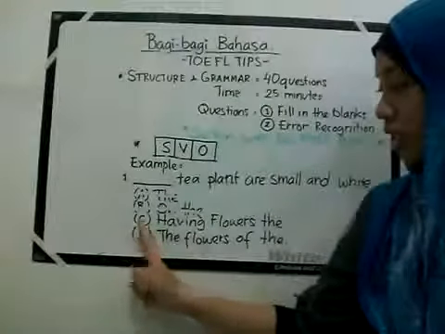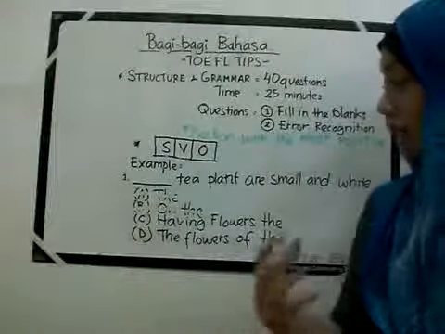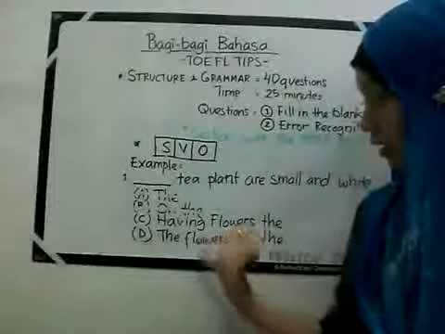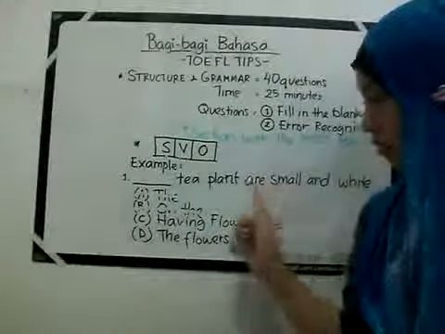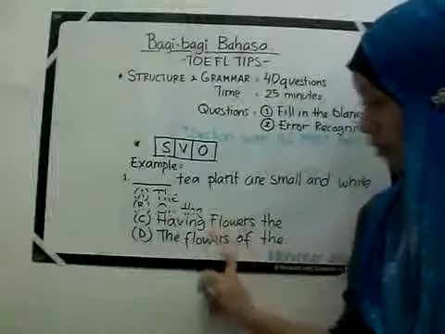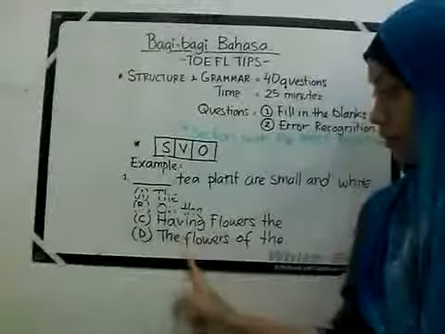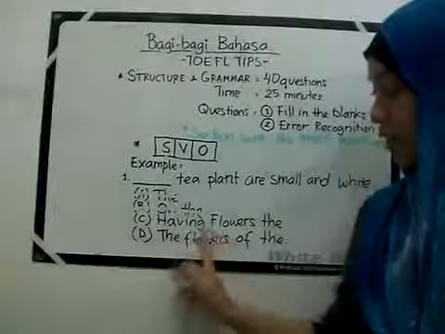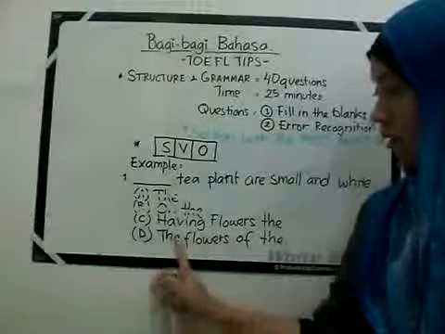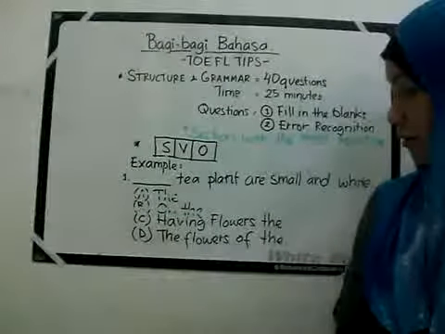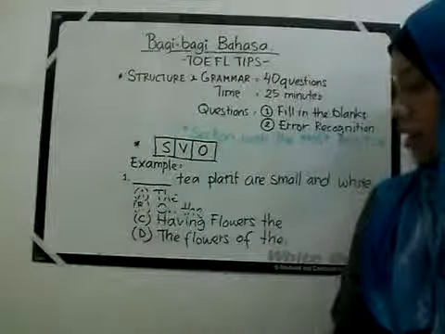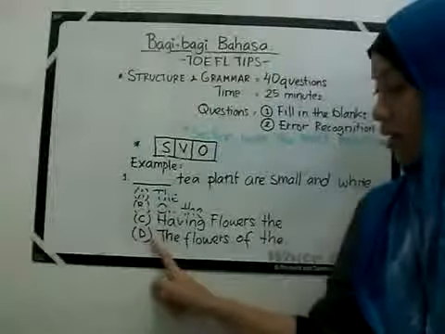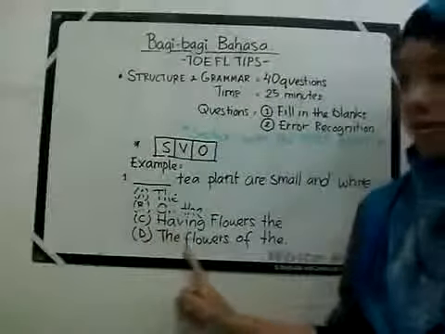Nah, kita punya C dan D. Dan di sini yang paling tepat yang nyambung dengan are adalah flowers. Jadi kita tinggal memilih manakah yang the atau having. Oke, dan di sini yang paling tepat adalah yang D dengan kata the.